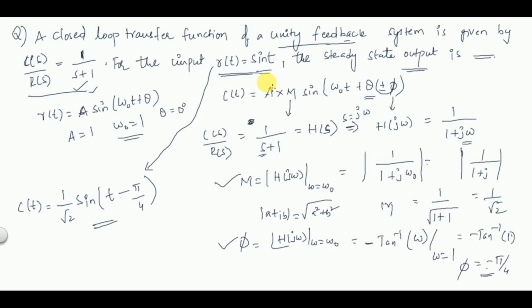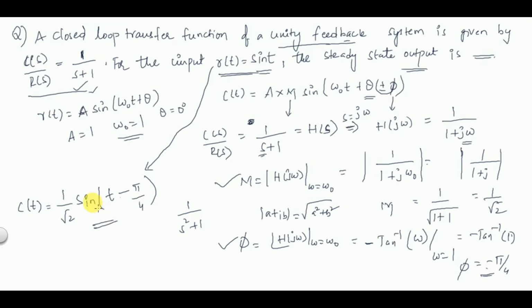Okay, so the general procedure, if you don't use this method, or if you can't remember this method, is that we take this R of s, the Laplace transform of r of t. Now it becomes 1 by s square plus 1.